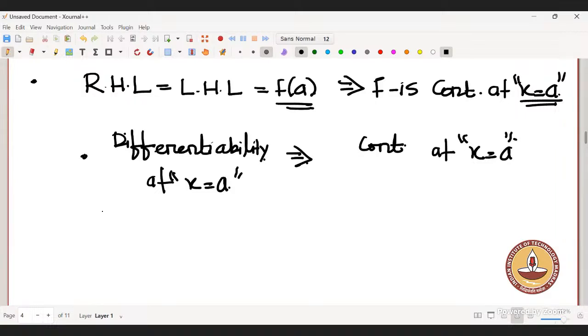If my function is not continuous at x equal to a, I can say it is not differentiable, because if the function were differentiable, it should imply that the function is continuous as well. Yeah, differentiability in other terms means we are finding tangents, slope basically. So if the graph is broken somewhere, we cannot find the tangent. Got it.